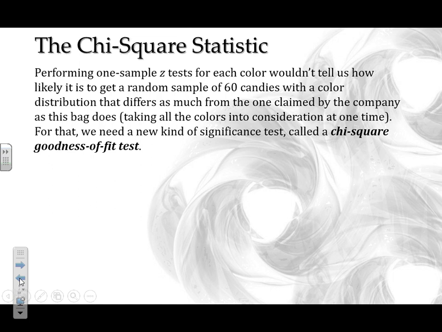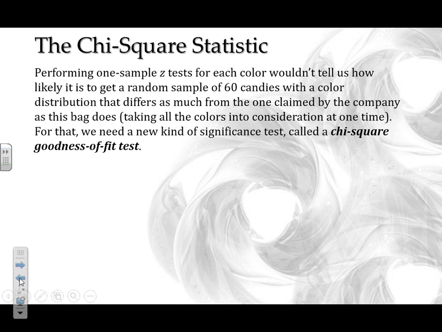Running each one individually isn't going to tell us overall whether the distribution is close enough to say it's the same or different enough to say that it's not. So, in order to look at an entire distribution at once, we're going to use what's called the chi-square goodness of fit test.